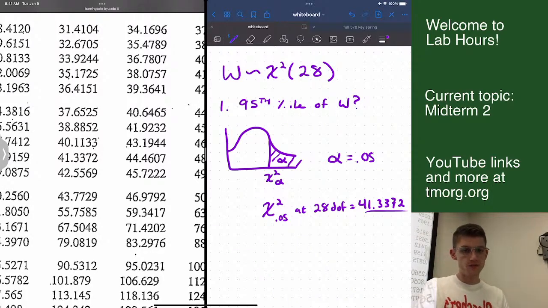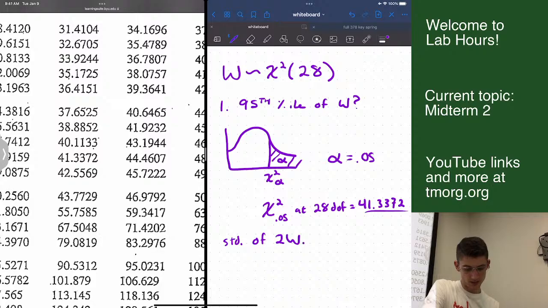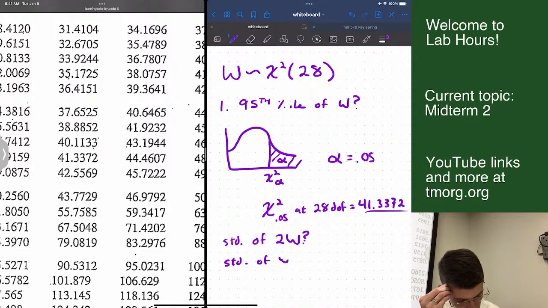What if, let me just throw this out here, what is the standard deviation of 2 times W? That's pretty interesting. Well, what's the standard deviation of just W? Also pretty interesting, right? We don't know that off the top of our heads. But what's the variance of W?